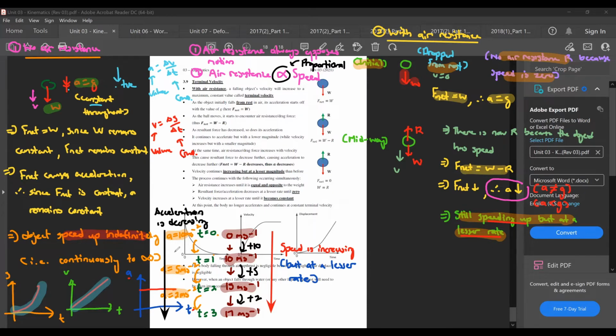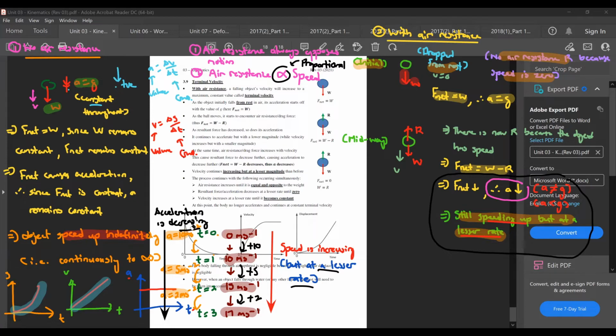But you see here, my acceleration decreases, but my speed is increasing at a lesser rate. So does this make sense to you when I say this? Because my F net drops, my acceleration drops. Yes, correct. But my acceleration dropping doesn't mean that I am slowing down. I'm actually still speeding up, just at a lesser rate.